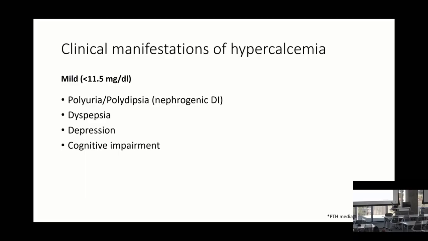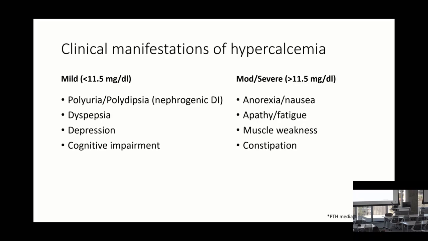So these are mild. As you can see, some of these are very non-specific, not specifically attributable to calcium being high. On the other hand, if you have more severe hypercalcemia, you can have anorexia, nausea, apathy and fatigue, muscle weakness, constipation, okay? So these are more severe symptoms.